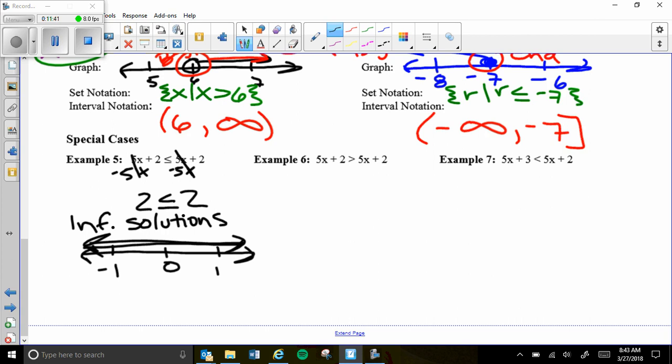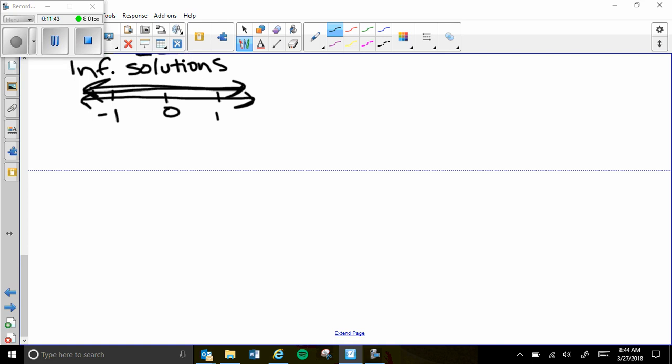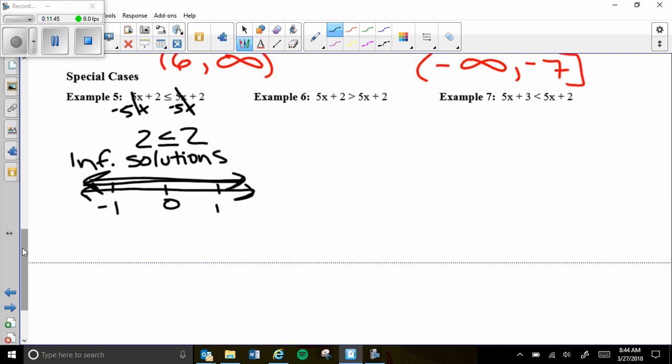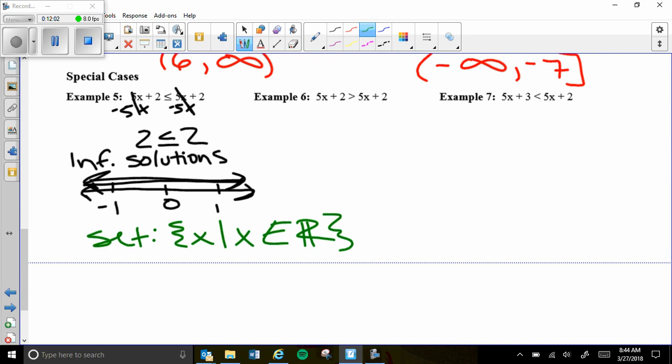For set notation, we say the set of all, what's our variable? X's, such that X, and then we draw this E, includes all real numbers. So that R is all real numbers.